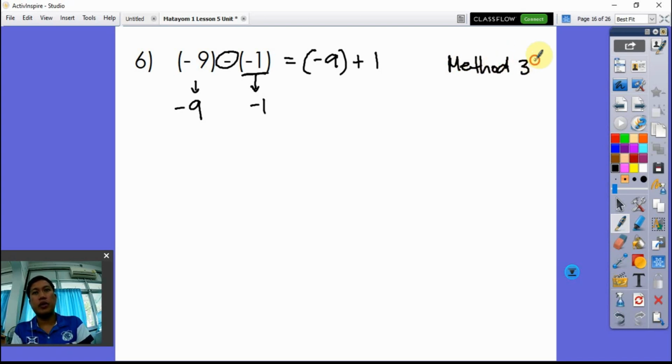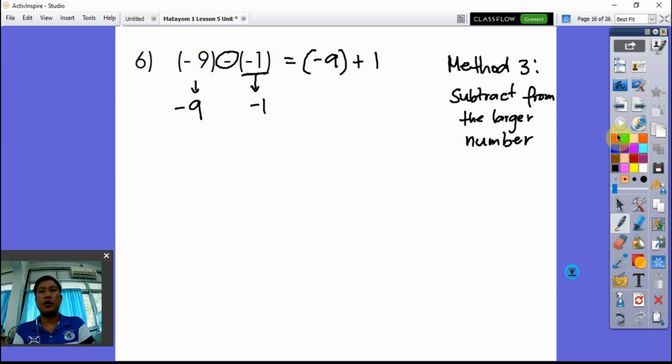Method number 3 is subtracting from the larger number. Okay, we subtract from the larger number. So we have 9 here and 1, regardless of sign. Remember last week we learned that we don't mind the sign. Okay, so we have 9 here as the larger number.